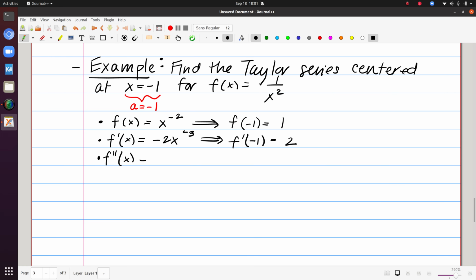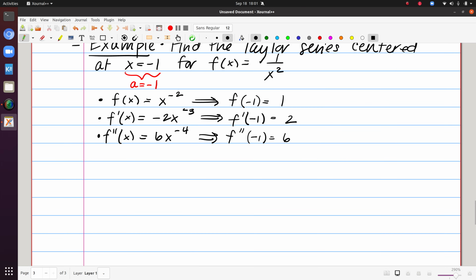The second derivative would be +6 x to the -4. If we plug in -1 for that, we get a +6. The third derivative would be -24 x to the -5. If I evaluate that at -1, I get 24.